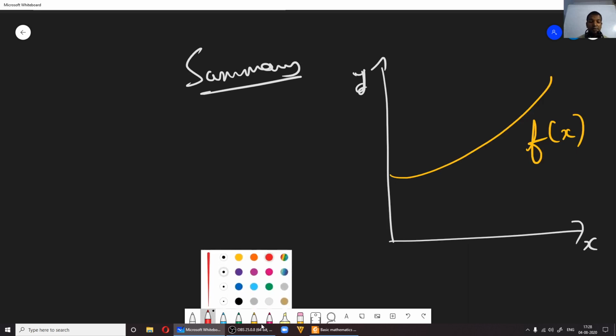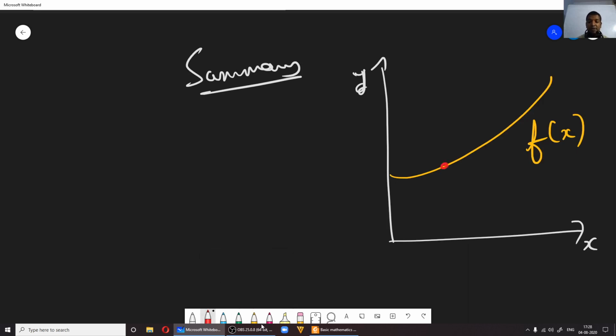Now I'll ask you, what is the instantaneous rate of change of f of x with respect to x? Now what we'll do is, we'll draw a tangent here. Now see, what is the angle made by this tangent with respect to the x-axis? That itself we'll consider as theta, right?